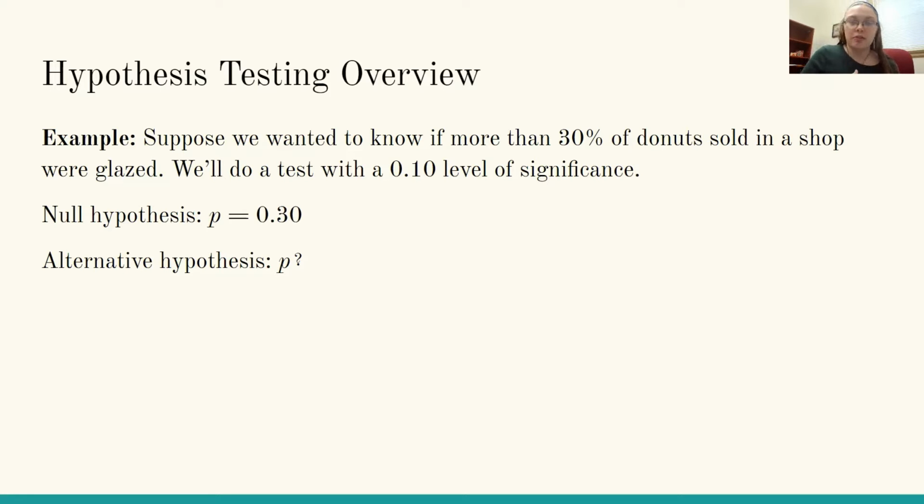But what we're testing is if it's more than that. So we're comparing P to 0.3, and we want to know if P is actually greater than 0.3. So that's our alternative hypothesis. These are the two things that we think might be going on. It's 30% or it's greater.